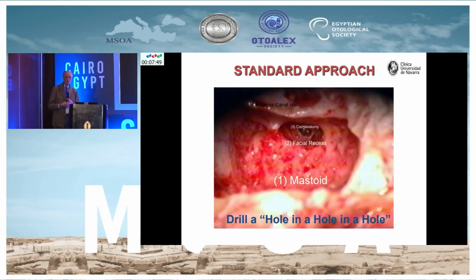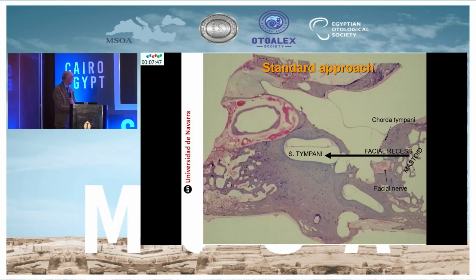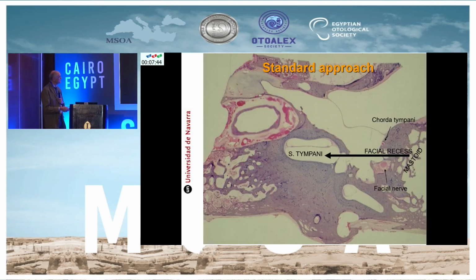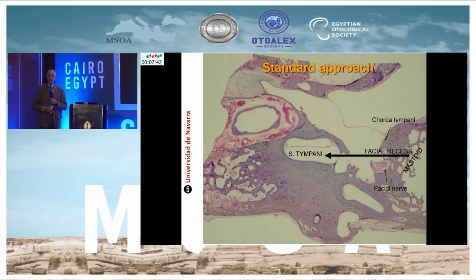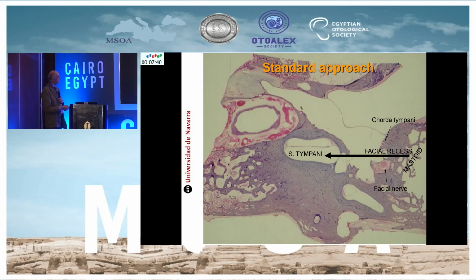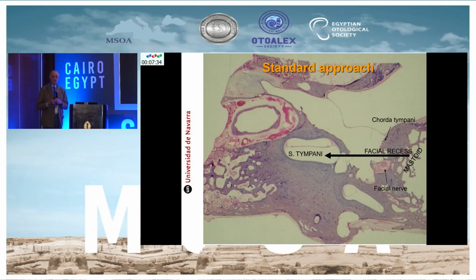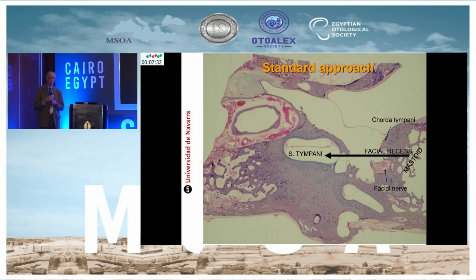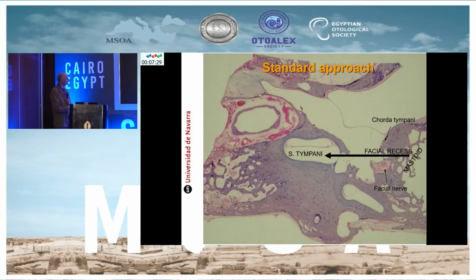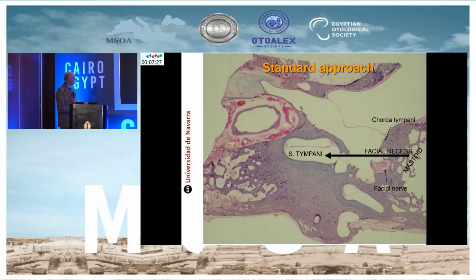So this is the work that we are doing during the surgery, and you can see again in this histological slide how we are creating a straight approach to the scala tympani. It is very important to be atraumatic when we are approaching this part of the cochlea through the round window membrane.